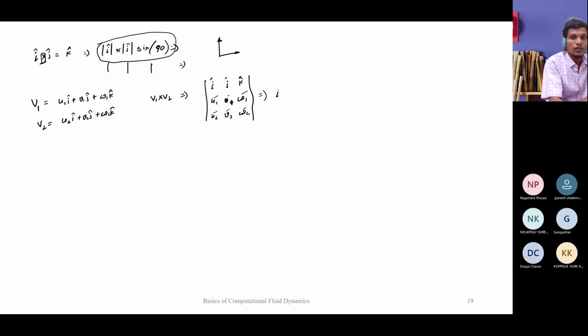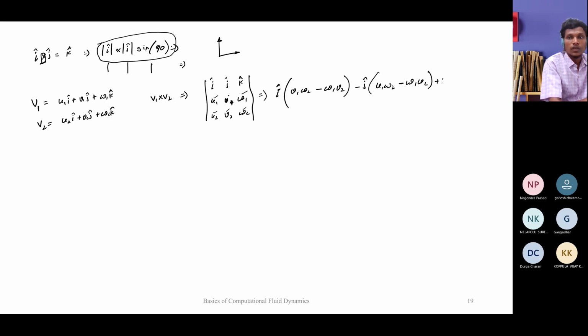Let us write that. I will just say i cap, and we are using the remaining two as a product, that is v1 a into d minus bc, minus j cap, and then a into d minus w1 u2.